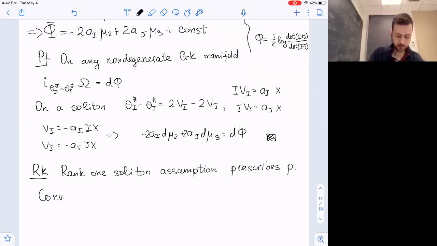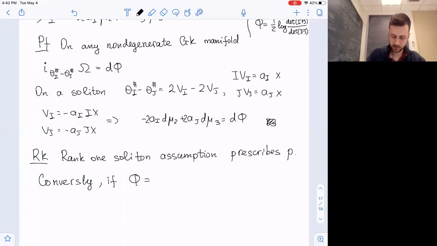So conversely, here we assume that we start with a generalized scalar soliton, and we saw that we can prescribe phi. Conversely, if phi is a linear combination of mu2 and mu3, again, maybe I'll write the same combination, 2ai mu2 plus 2aj mu3 plus constant.